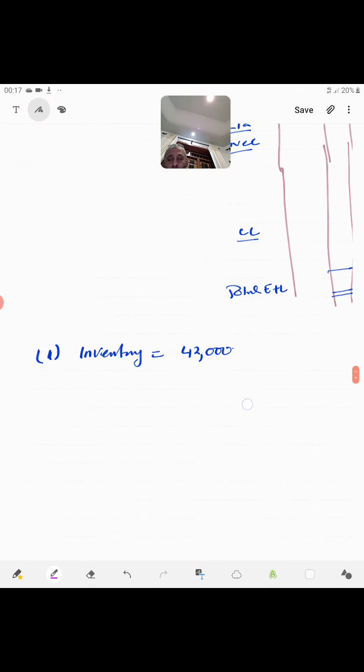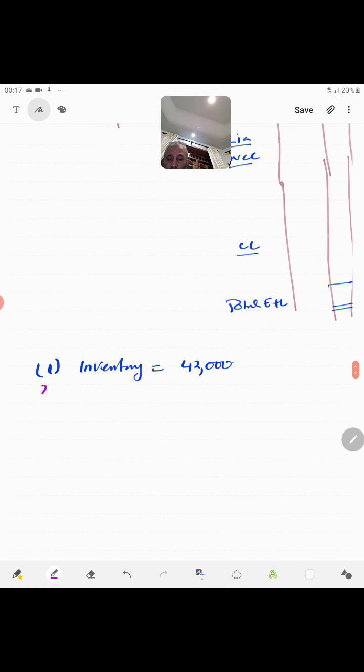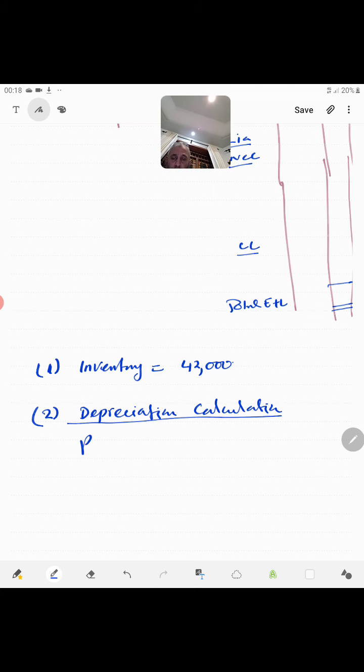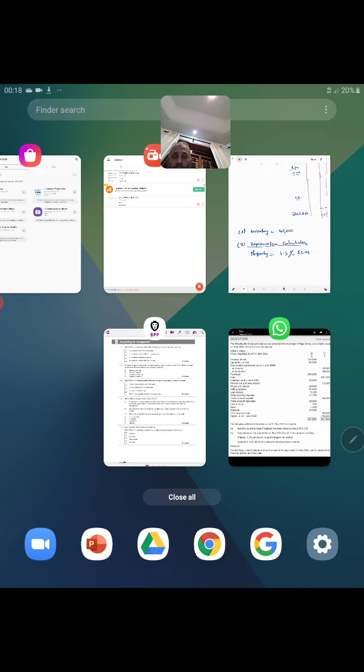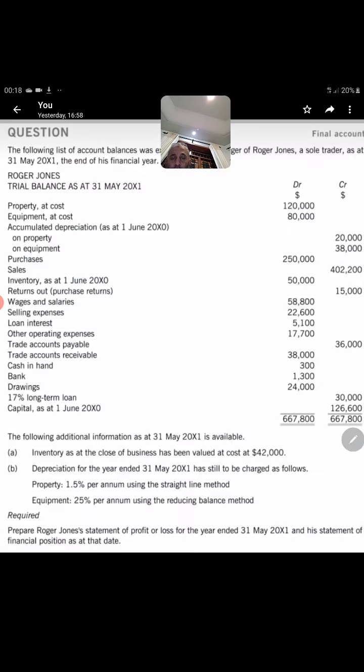So the second adjustment, number 2, depreciation calculation. Here, property. They said 1.5% straight line method. We have to find out what is the cost of the property. The property cost is 120,000.